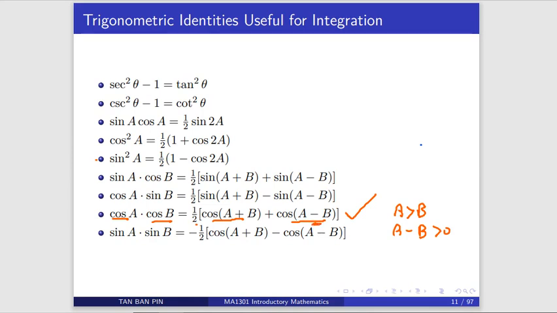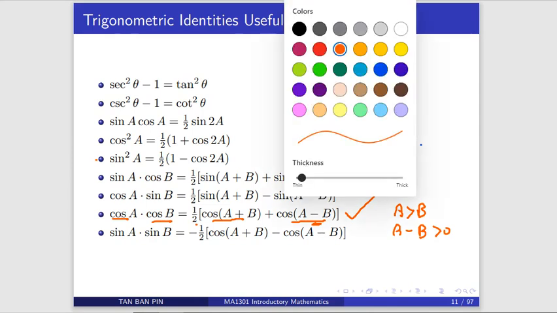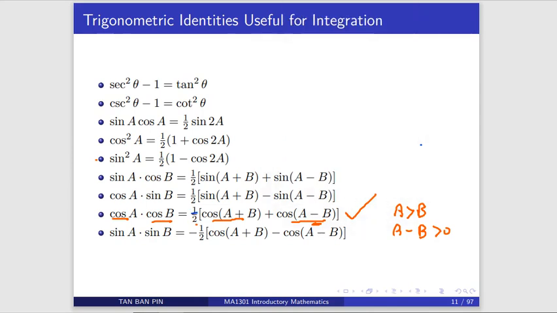And for the purpose of this question, you can multiply the 2 over and say that 2 cosine A cosine B is cosine A plus B plus cosine A minus B.